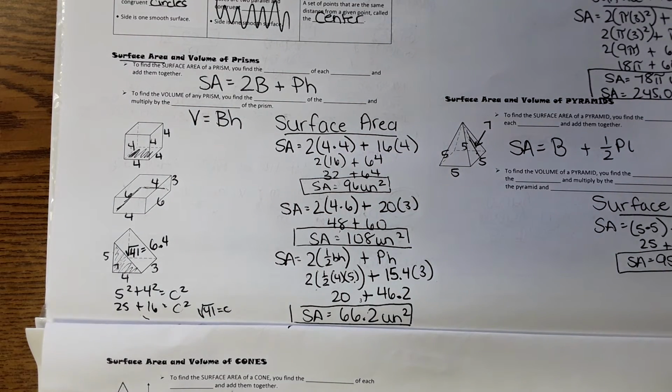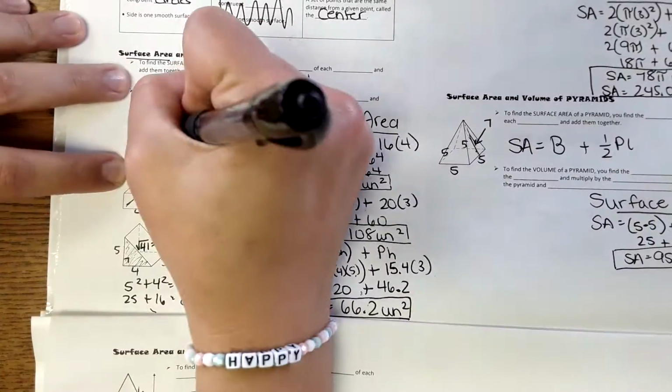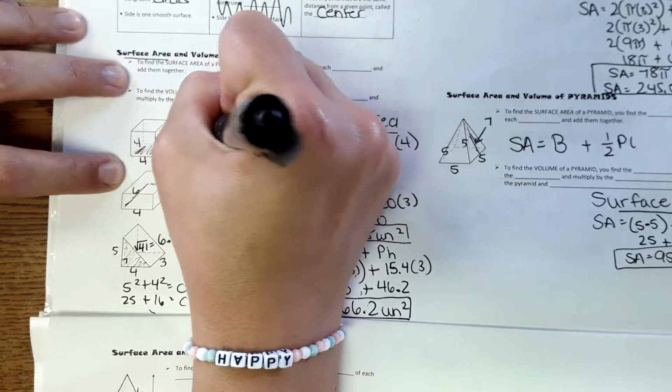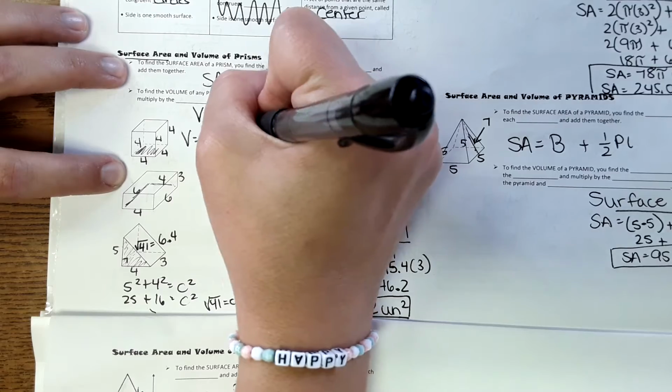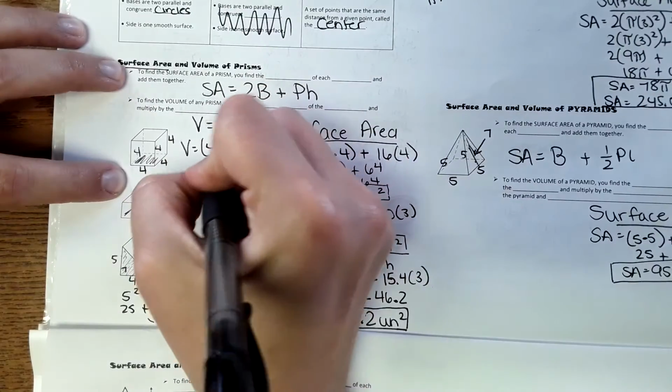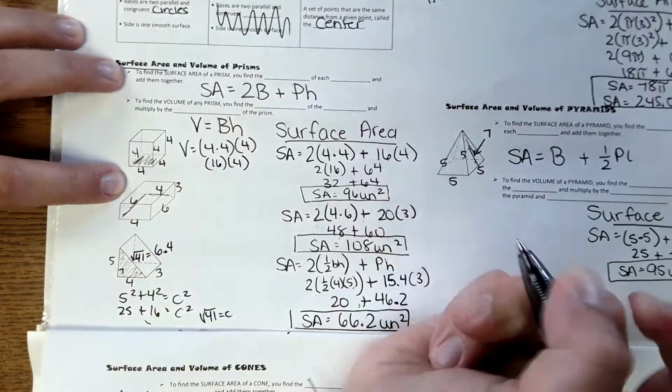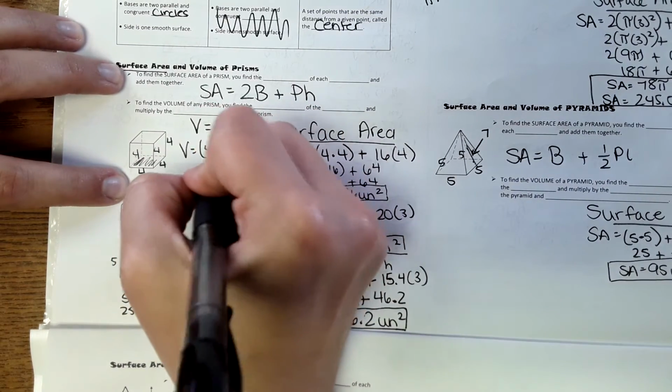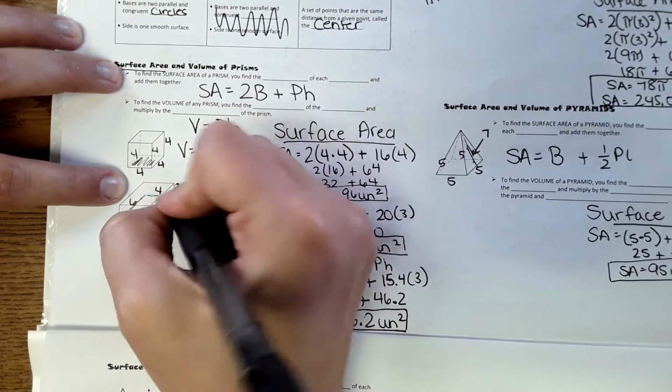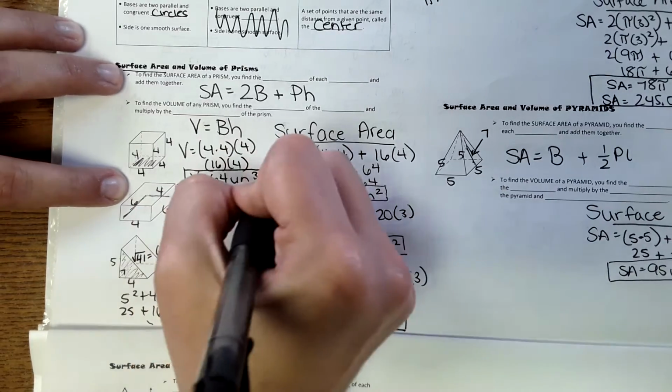But area of the base will change based on what kind of prism you're finding. This is a cube, so area of the base is 4 times 4, the area of a square, times the height, 4 again, 16 times 4 comes out to 64. So the volume here is 64 units cubed, because now we're dealing with volume.